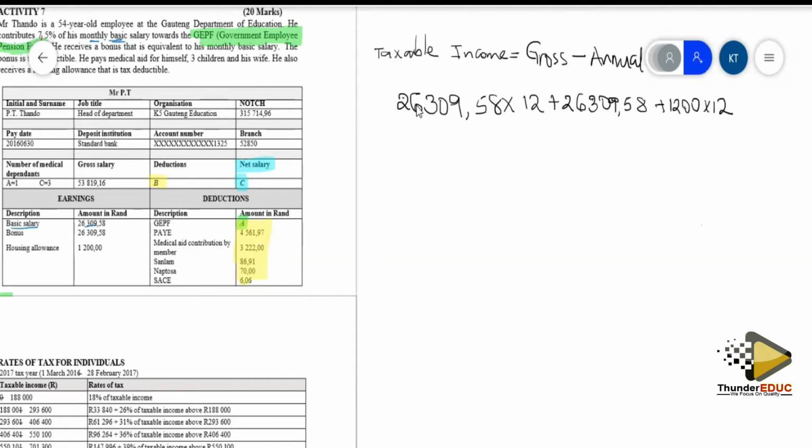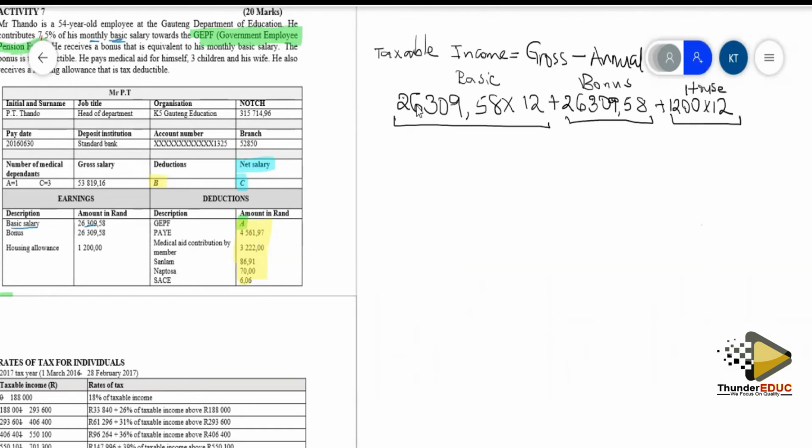That is 1,200 times 12. So from here up to there, this is the basic throughout the year, from here up to there we're looking at the bonus, and from here up to there, this is the housing allowance.